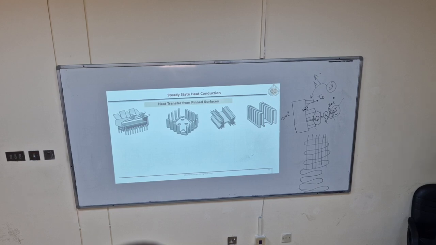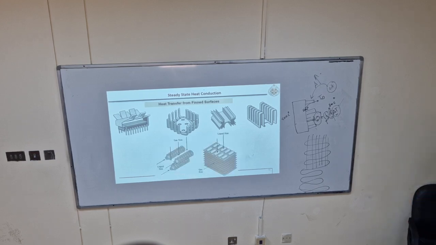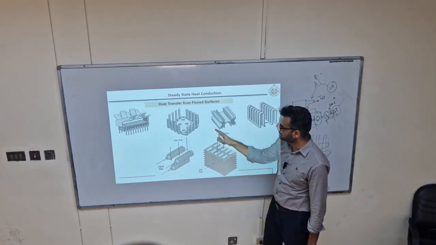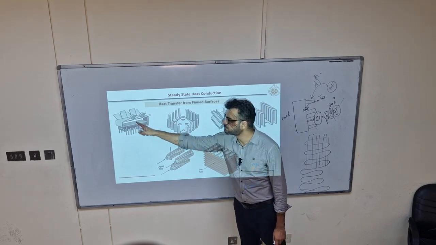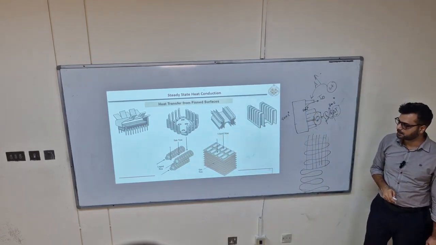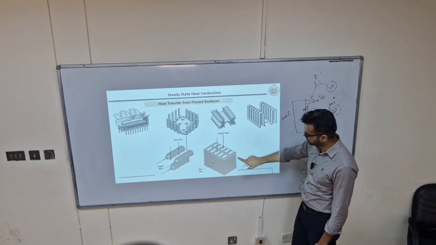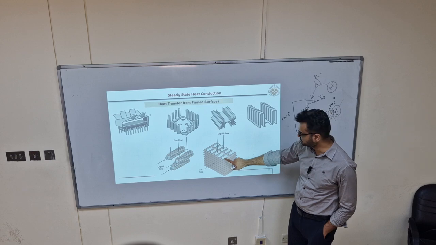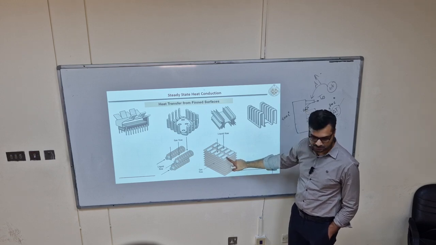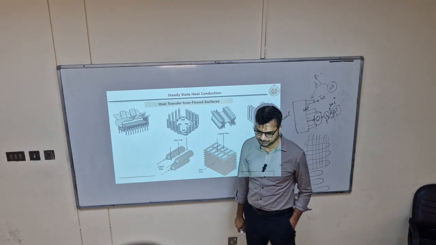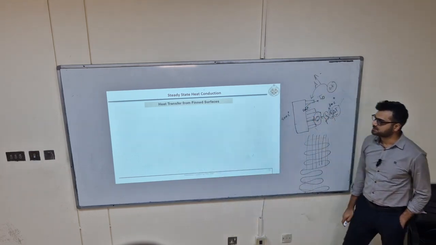Fins of many different sizes and shapes can be used, whenever the fluid is flowing, or here, attached to some electronic circuits for their cooling. Fins can be of such shape. These are rectangular type fins attached to such pipes, and this one could be a cylindrical type of fin. So this is the topic.